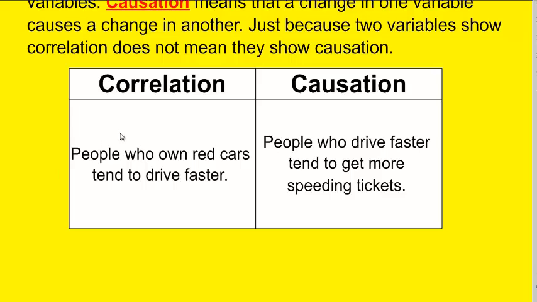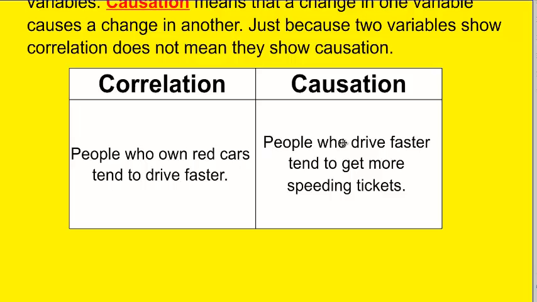An example of this is that a correlation is that people who own red cars tend to drive faster. Now, that does not imply that owning a red car makes you drive faster. It means that people who have personality traits or have a reason to drive faster tend to own red cars more often.